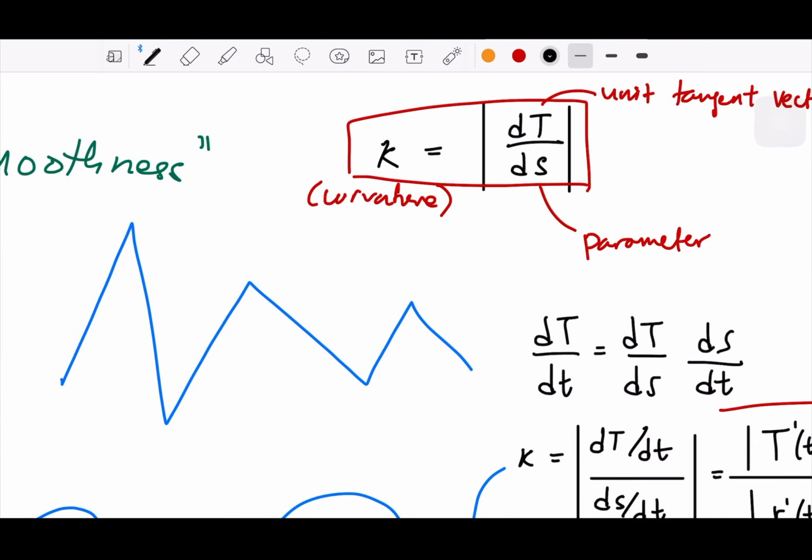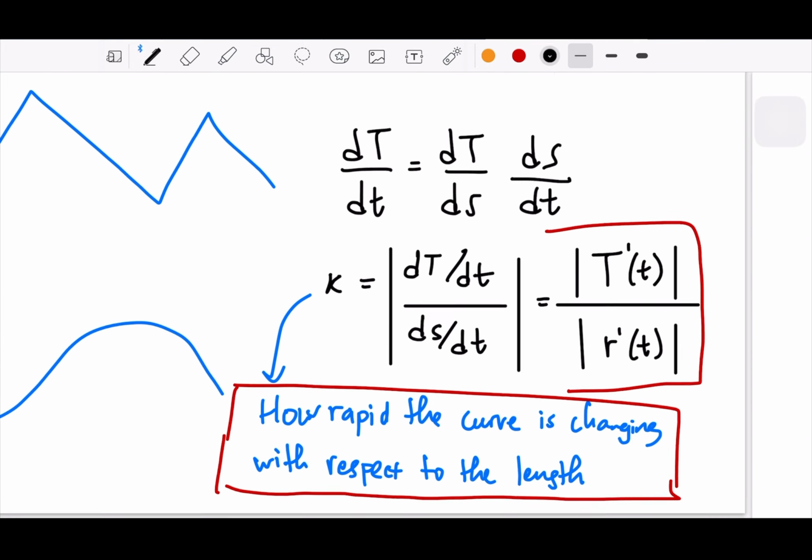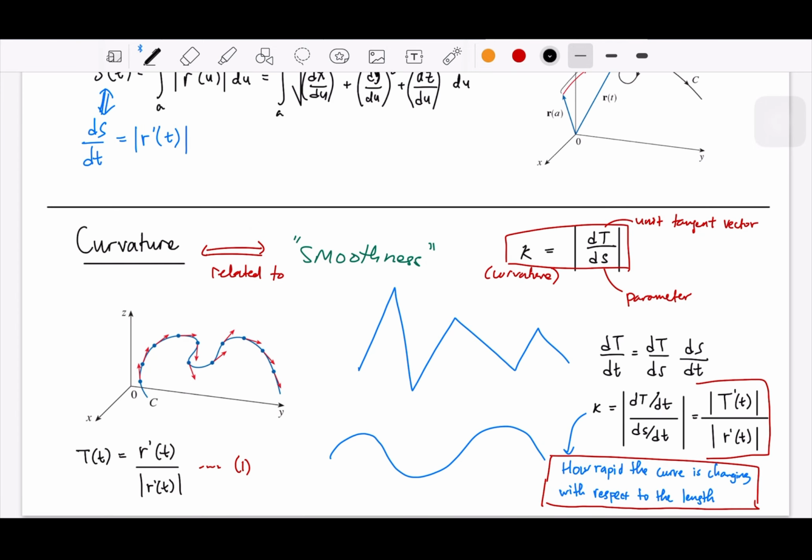And if we use the chain rule, we can expect to get T prime, the first derivative of the unit tangent vector, divided by the first derivative of the vector function. So by doing so, we observe how fast or how rapid the curve will change, in terms of tangent, with respect to the length.